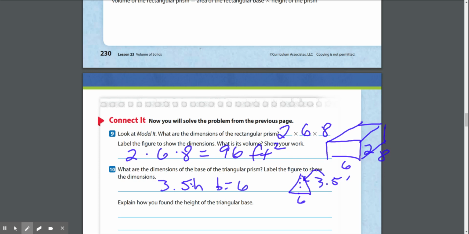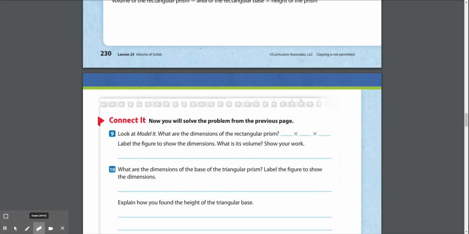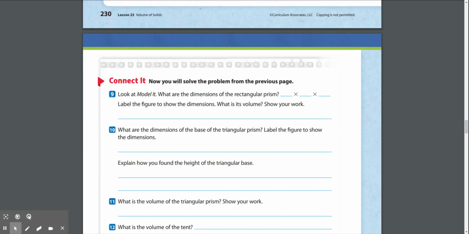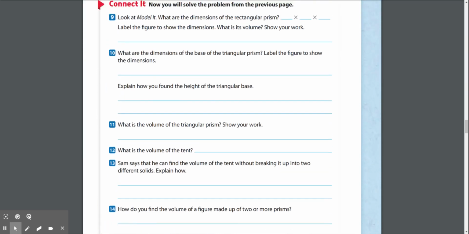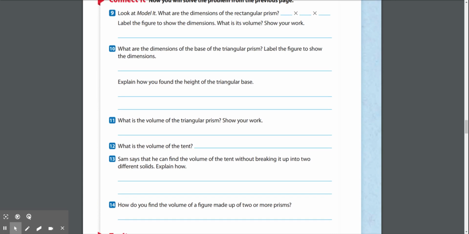And we already went over how I found the height of the triangular base. So let me move this up a little bit.